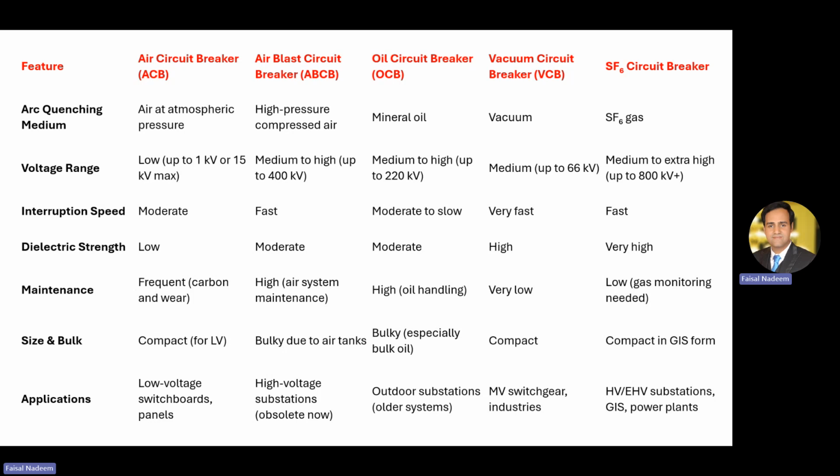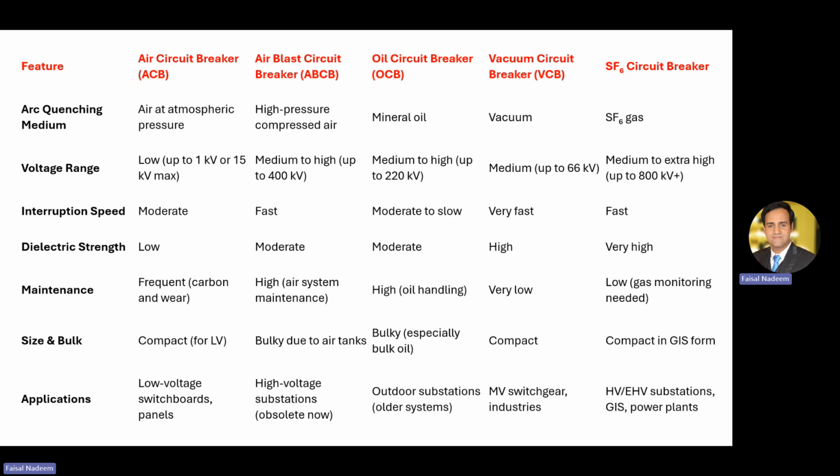Vacuum circuit breakers are used up to 66 kV, but their optimum performance is around 33 kV. Then we have the SF6 circuit breaker, for medium to extra high voltage. They can be used at any voltage level, but they are usually used above 220 kilovolt or 132 kilovolt level because at lower voltage levels they are not economical.